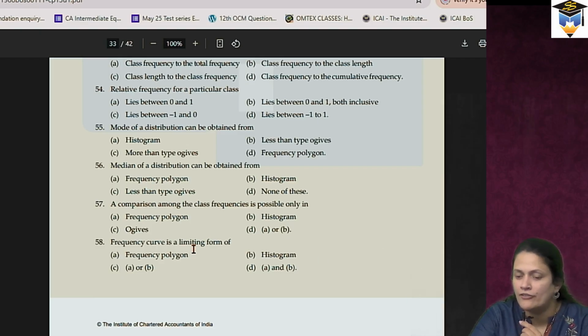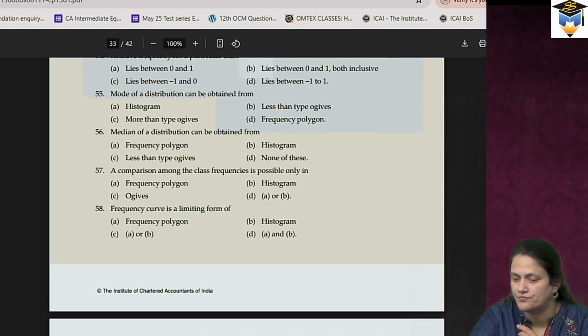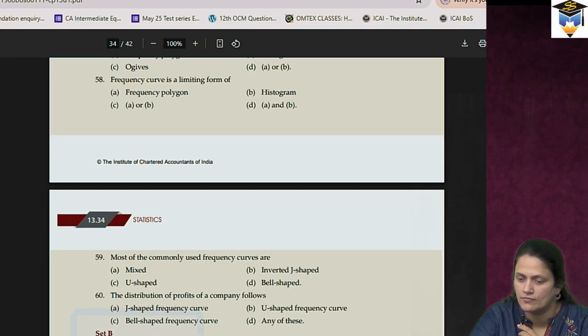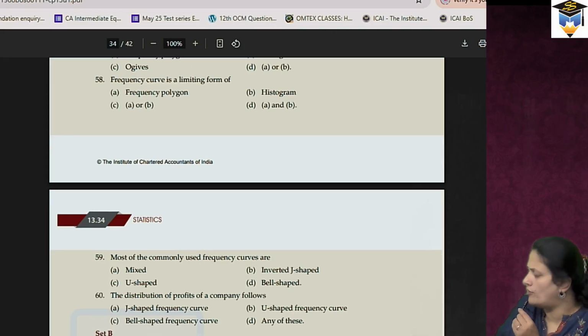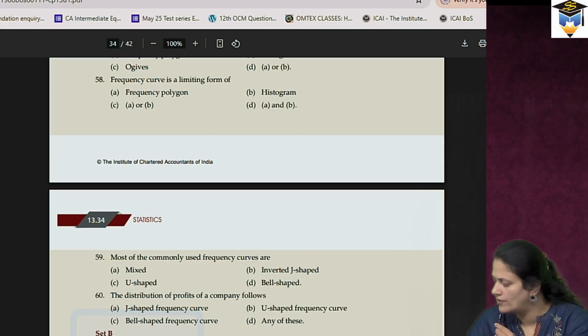Correct. 57. Less than type ogives. A comparison among the class frequencies is possible only in histogram. Frequency curve is a limiting form of. Tell me the answer.